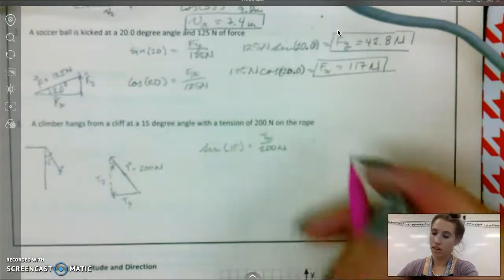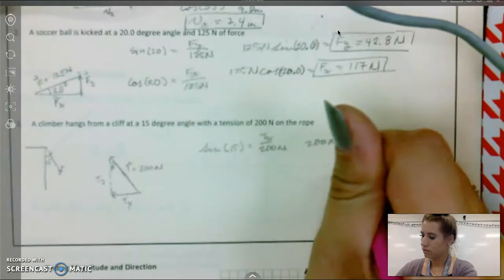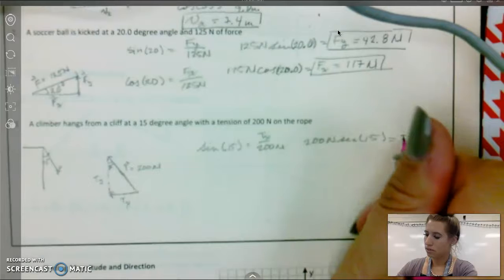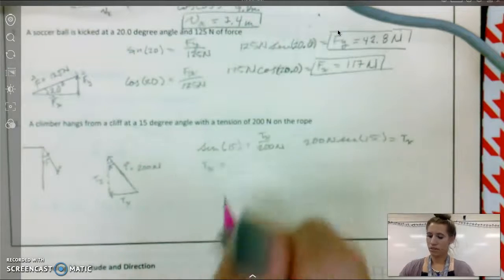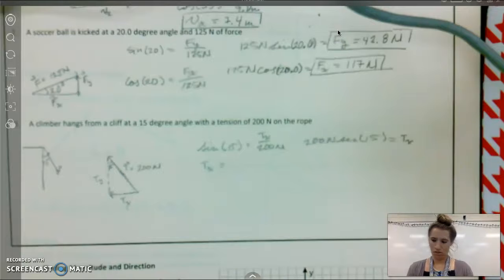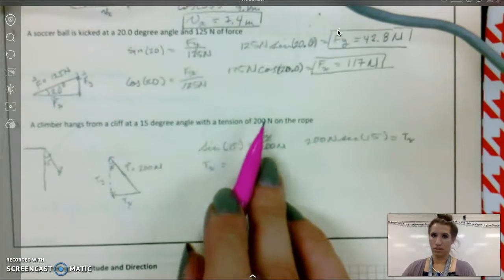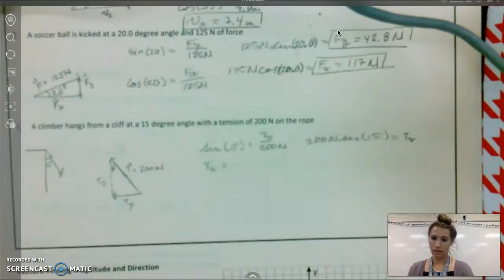Let's times both sides by 200 to get T sub x by itself. That equals T sub x. Okay, so T sub x is 200. Oh, that's interesting. There's no decimal. So those trailing zeros are not significant. So we only have one sig fig there.